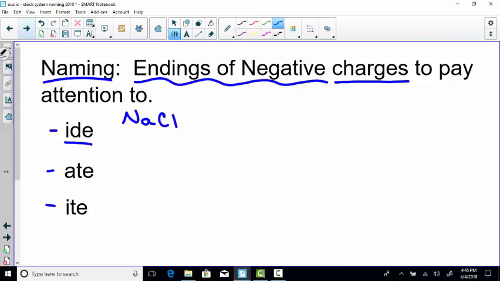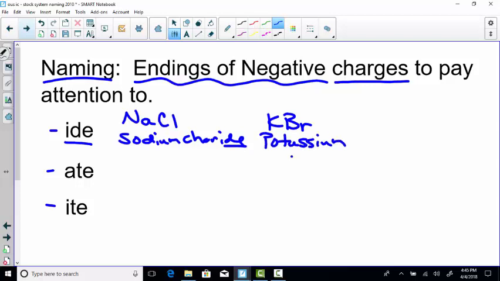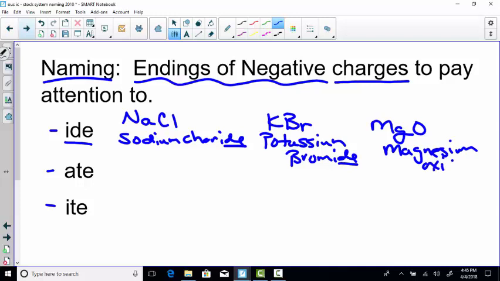in the name of NaCl, NaCl is sodium chloride. There's that ide ending. KBr is potassium bromide. There's the ide ending. MgO is magnesium oxide. There's the ide ending.